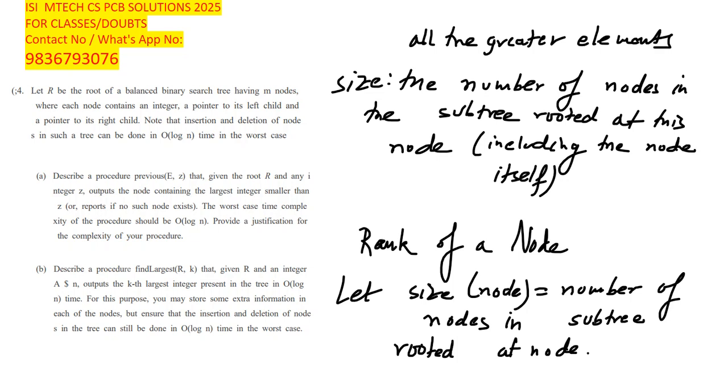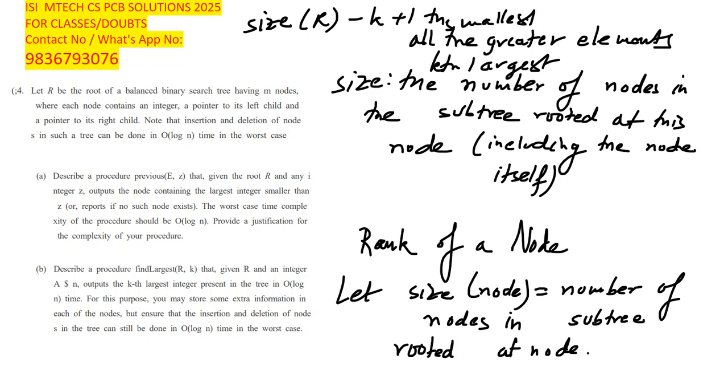Correct. And the kth largest element is what? It is the (n minus k plus 1)th smallest element. Okay, so we'll write the algorithm here.